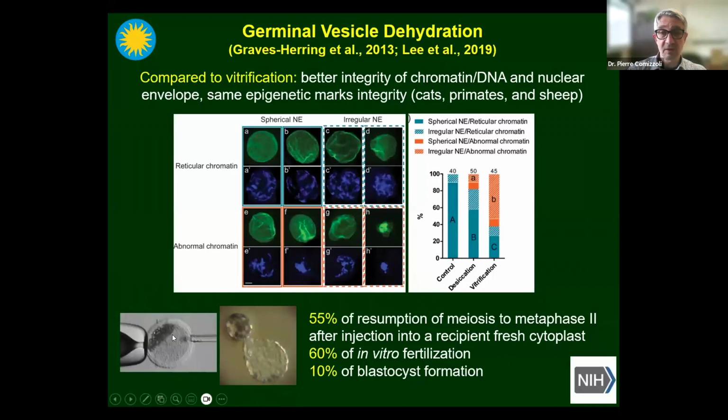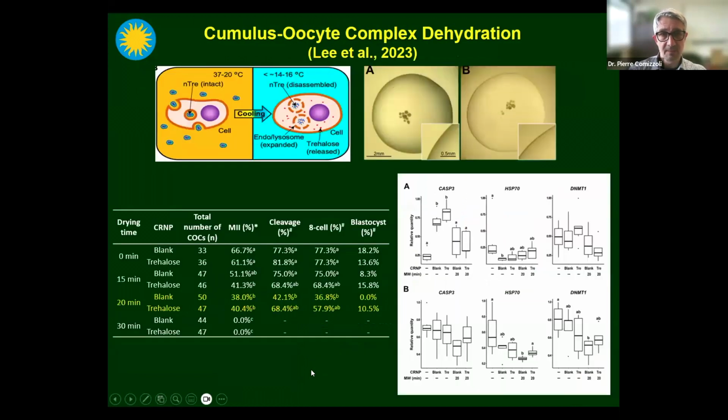And we were very happy to see that a fair amount of those reconstructed oocytes were able to resume the meiosis and reach metaphase 2, then be fertilized and form some embryos. Of course, the percentages are very, very low, but this is again very encouraging.